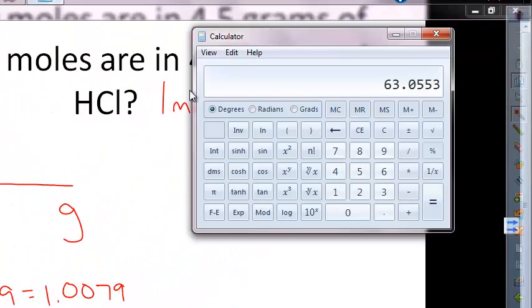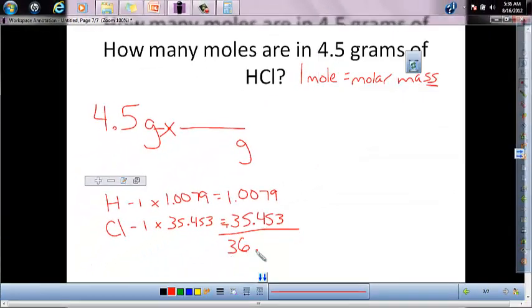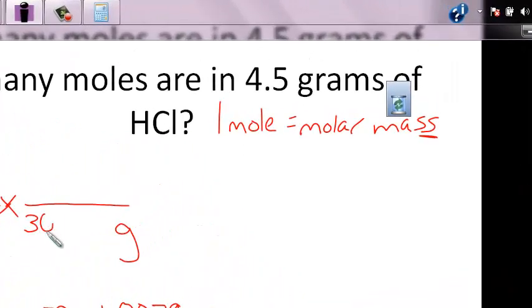Break back out our little handy dandy calculator up here. Alright, so we got 36.4609. Okay, so that number is how many grams are in 1 mole of HCl.